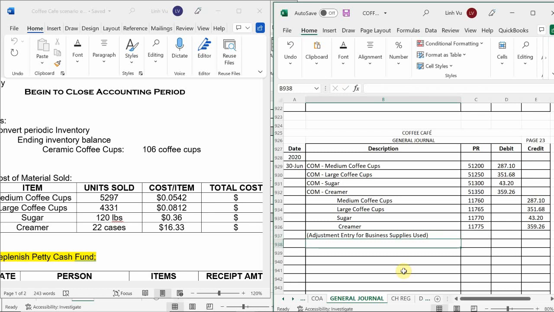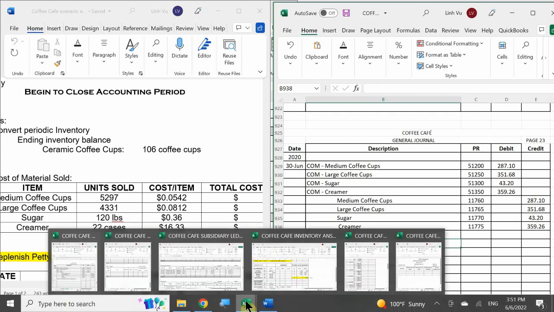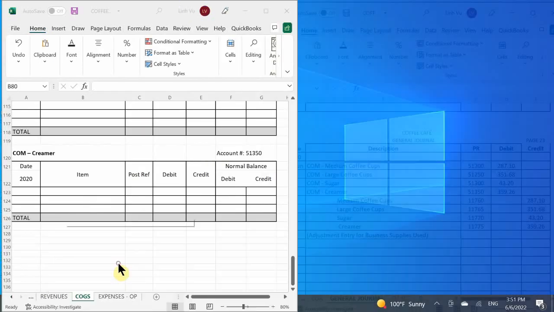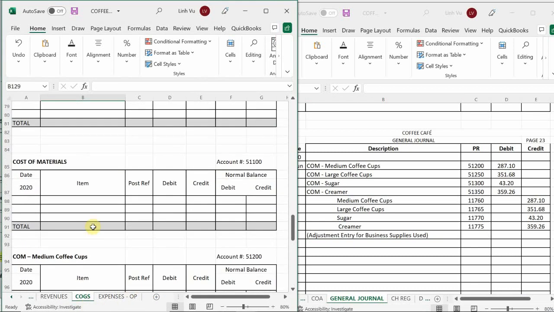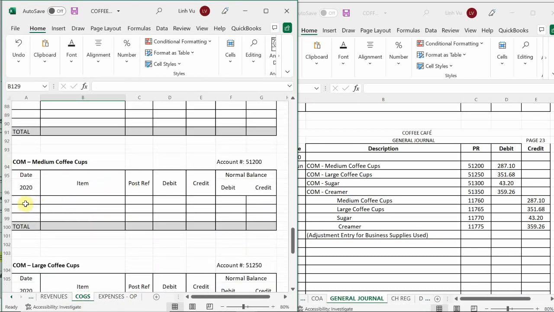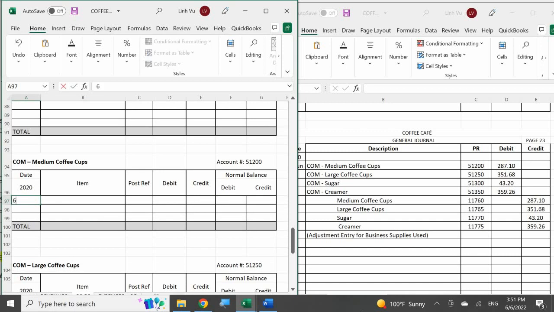So now we finished our totals right here. Now we need to update our ledger to adjust our numbers here. So cost of materials, that's where we left off. Starting with our first one, the medium cups. How many cups did we sell?